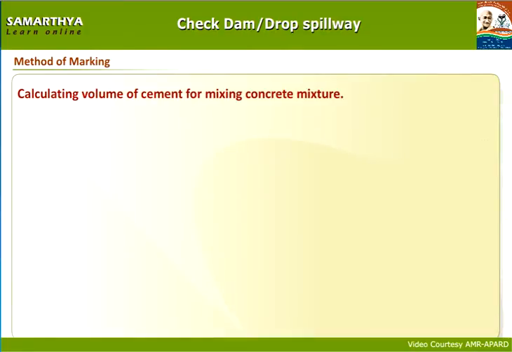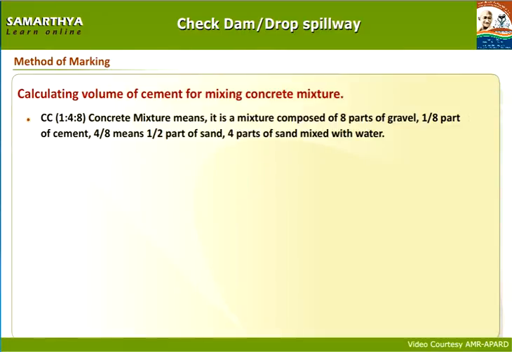Calculating volume of cement for mixing concrete mixture. 1:4:8 concrete mixture means it is a mixture composed of 8 parts of gravel, 1/8 part of cement, 4/8 means 1/2 part of sand, and 4 parts of sand mixed with water. 1 cubic meter is 1440 kg of cement.